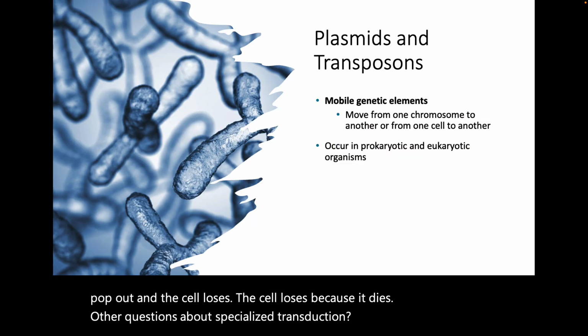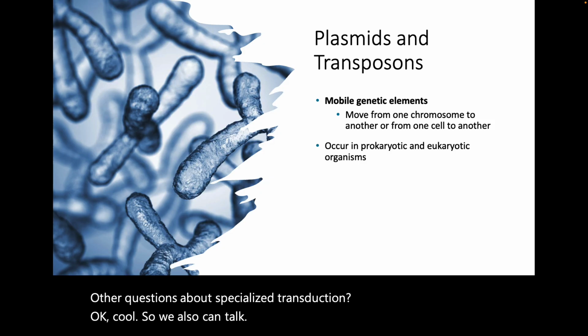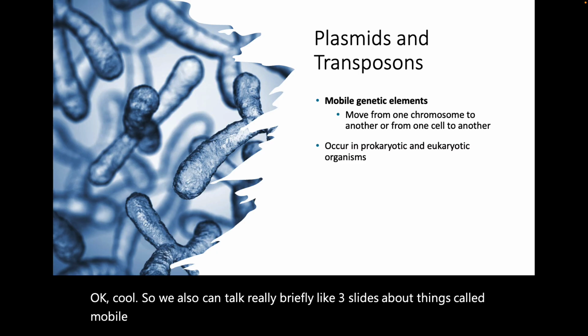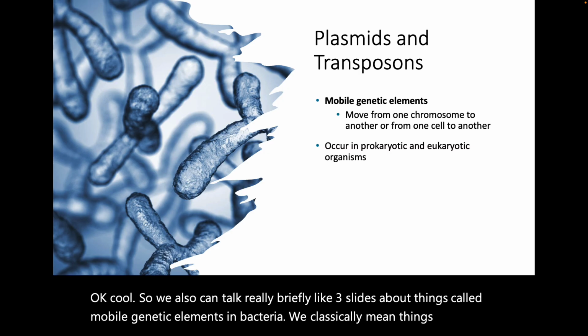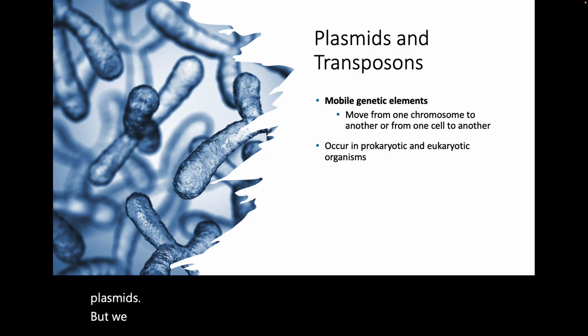Okay, cool. So we also can talk really briefly, like 3 slides, about things called mobile genetic elements. In bacteria, we classically mean things like plasmids, but we also could talk about things like transposons.